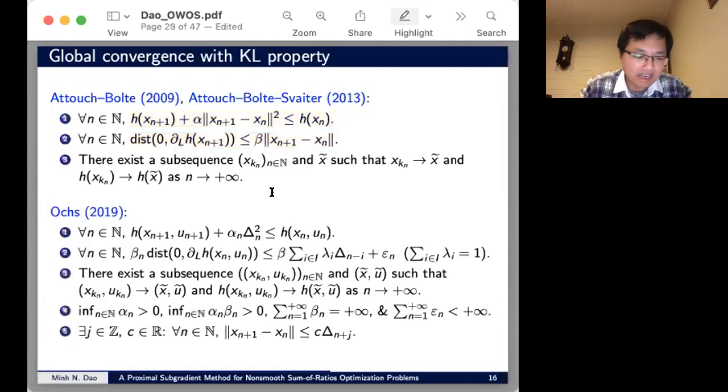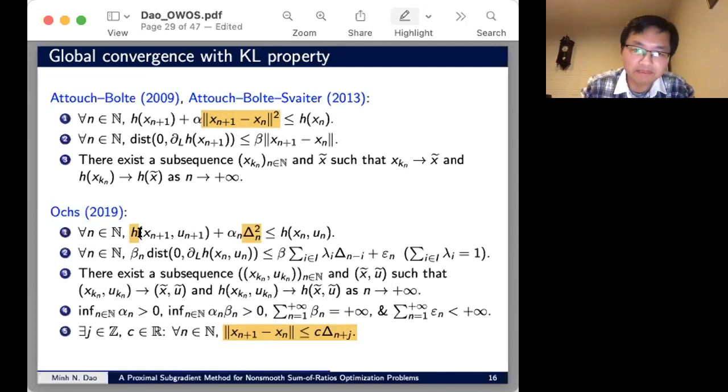This framework has been generalized by Peter Ochs to a more general setting. Here we have the distance between xn plus 1 and xn, but here we just have some delta n. Of course, to get the convergence, delta n actually has some relationship with the distance between xn and xn plus 1.